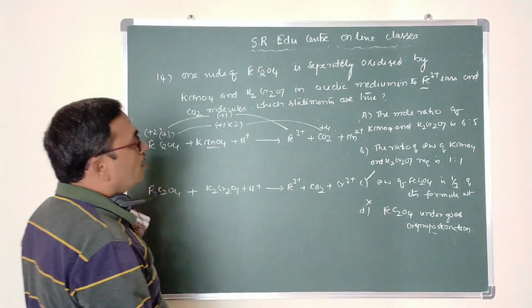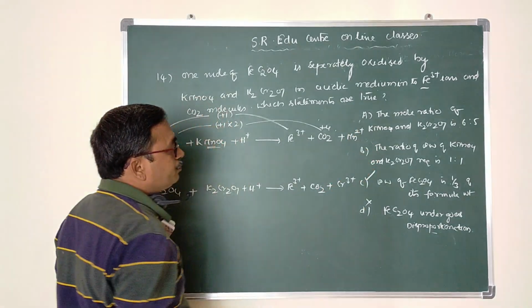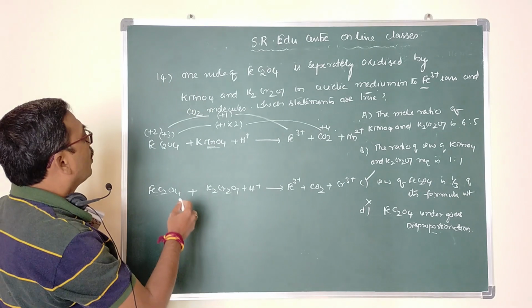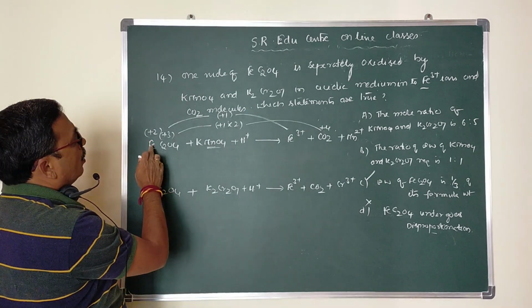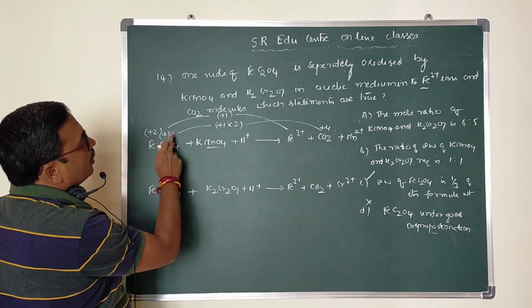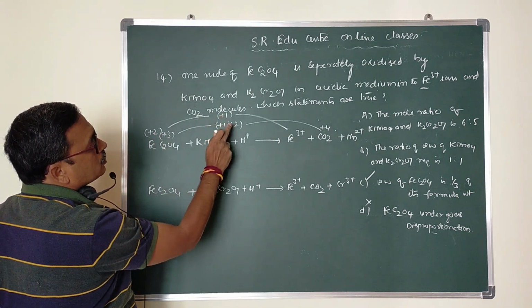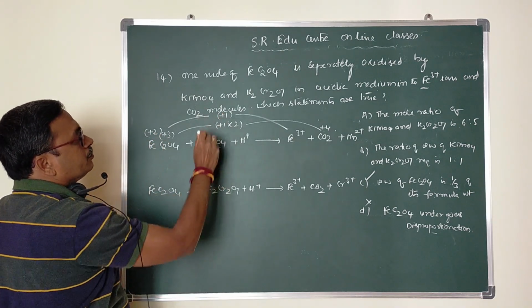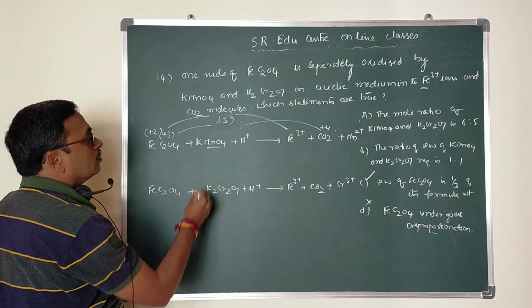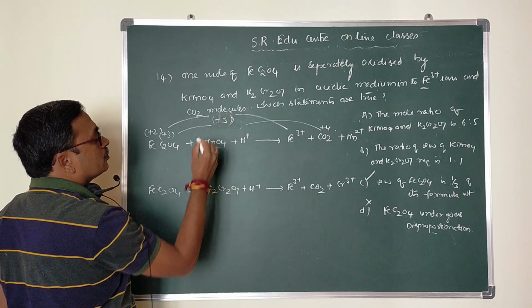Now we have to verify option A and B. See, total increase in oxidation state is +1 plus +2, that is 3. I am writing this as 3. This is increase in oxidation state.